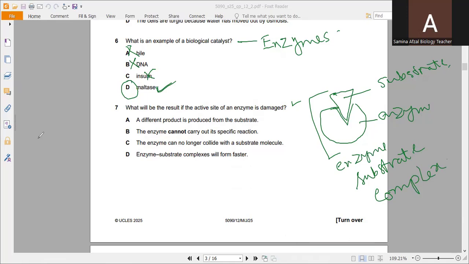So, what will be the result if the active site of the enzyme is damaged?